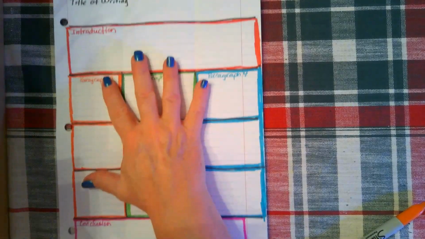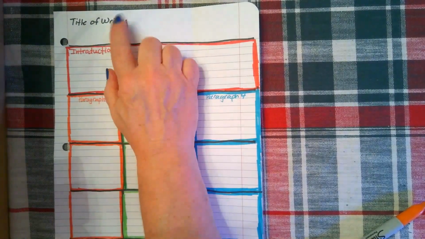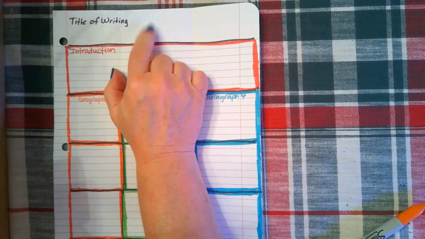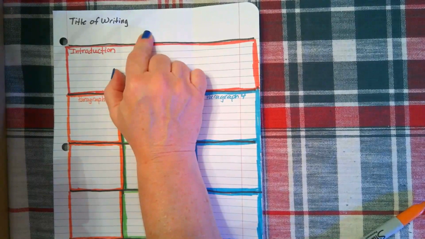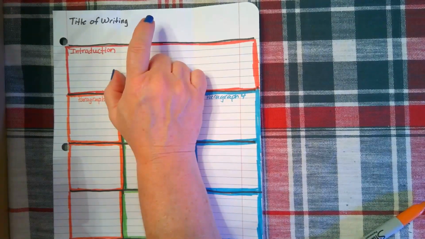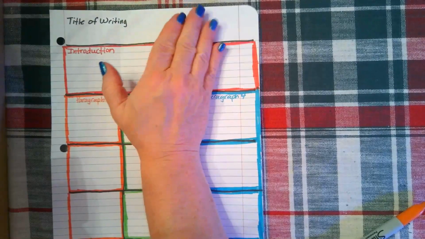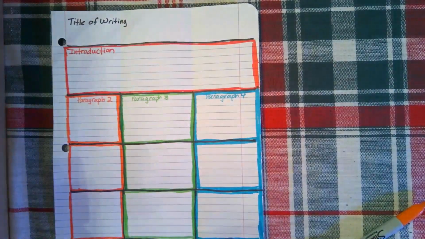If you notice up here, there's a place for them to write the title of their piece. Very important. It's actually a good point to make if you take the time to write a title for whatever you're writing for testing purposes.